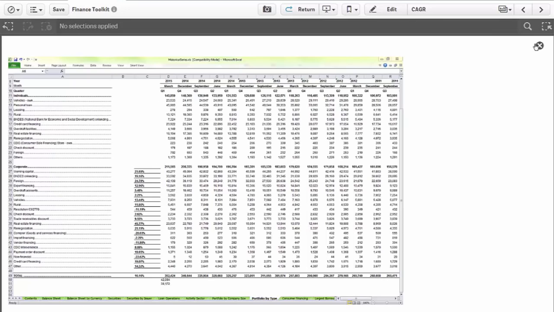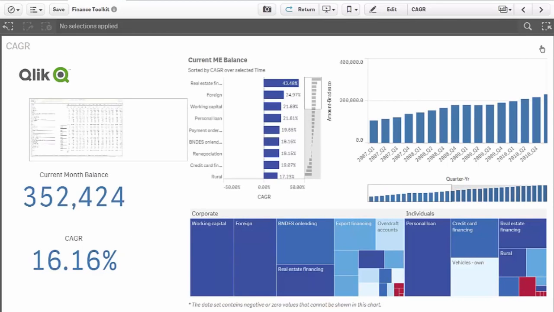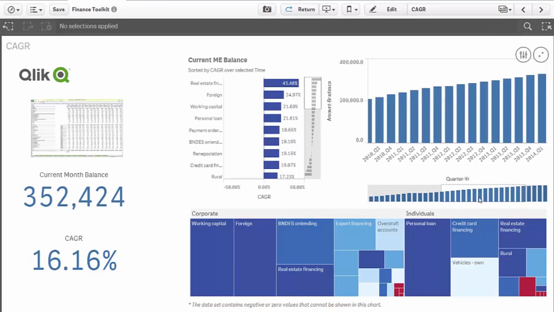So what I've done is I've taken these numbers into ClickSense, and I'm analyzing the current month-end balance, which is 352 million, and the compound annual growth rate of 16% over this entire time frame, and this is the trend being shown.